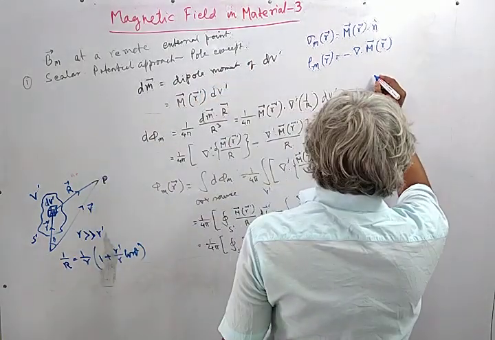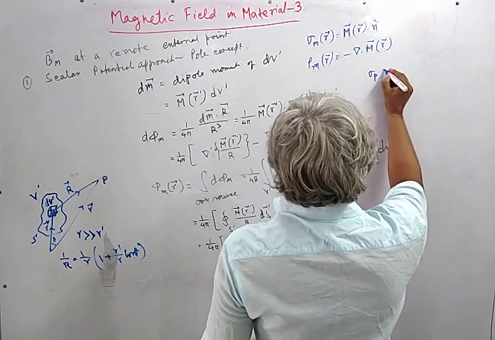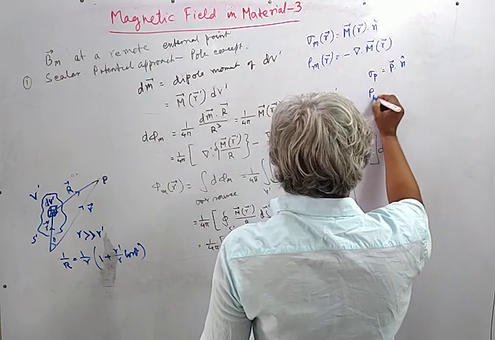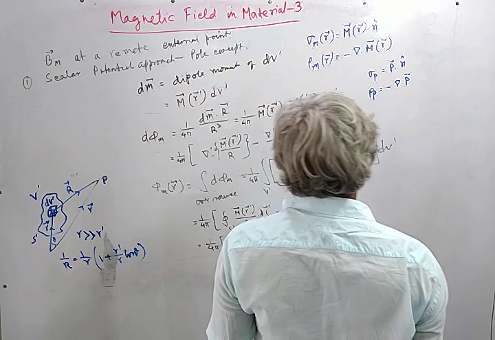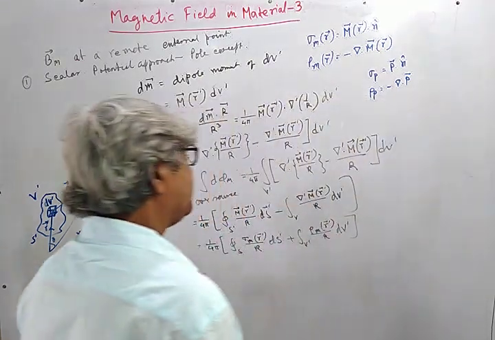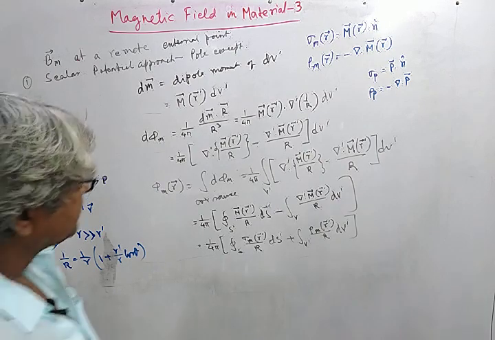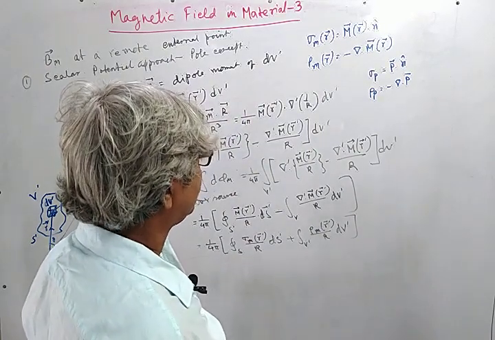Compare these with the relation sigma p is equal to p dot n and rho p is equal to minus divergence p as we have obtained in dielectrics. Now, one thing to note is that I have not used primes as stated earlier. They are the field equation.